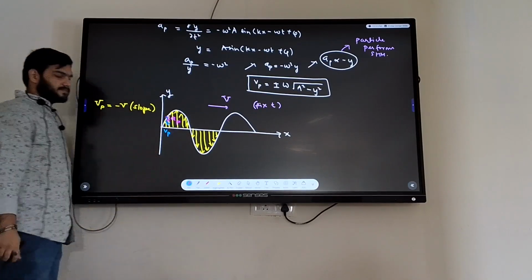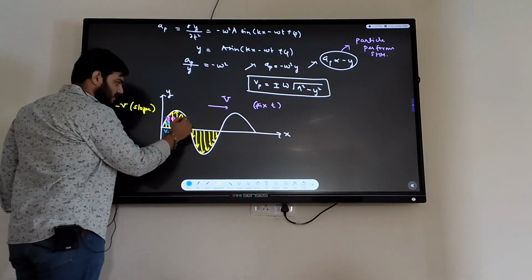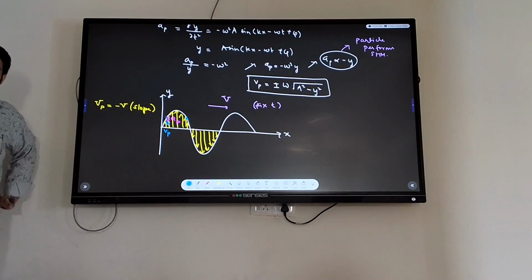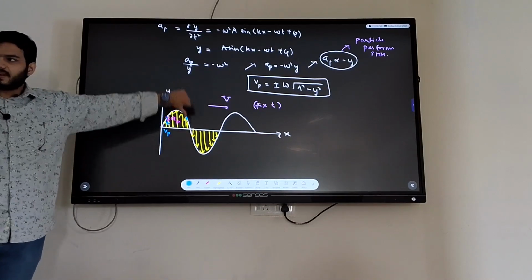Now let's do the same exercise here. Tell me for this point, where will the VP be? Some people are saying up, some people are saying down. What is the slope here? Slope is negative.